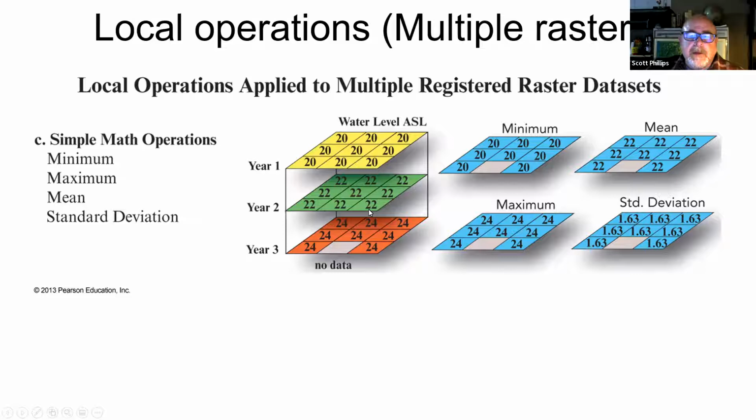Some simple math operations. Let's say we had 3 years of sea level, and we can calculate the minimum for each cell, the maximum for the combination of them. Let's say year 3 is 24s, year 2 is 22s, and year 1 is 20s. The minimums, and we had what's called no data.